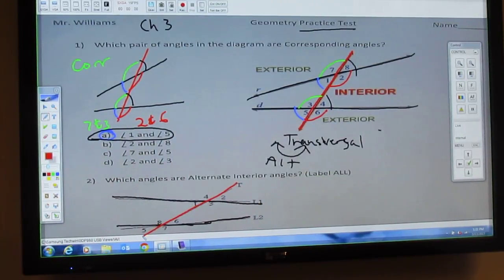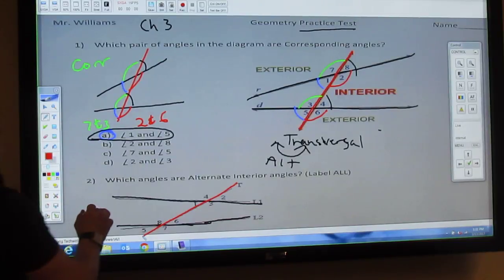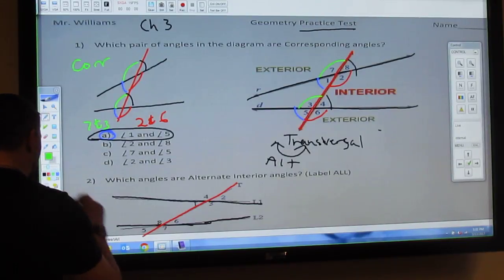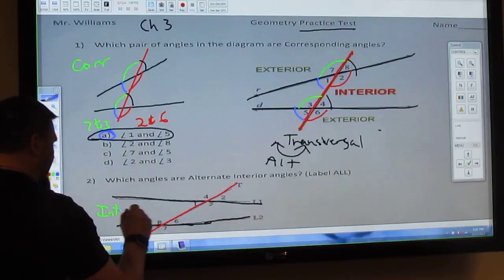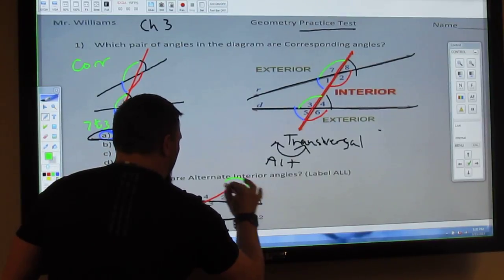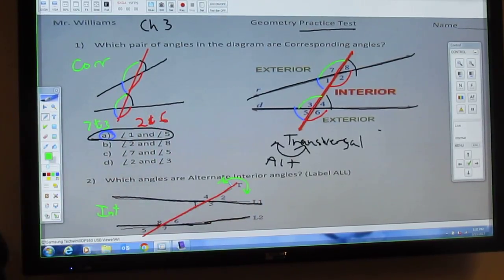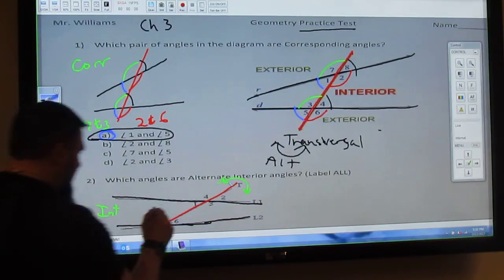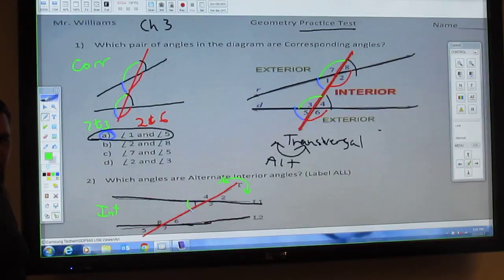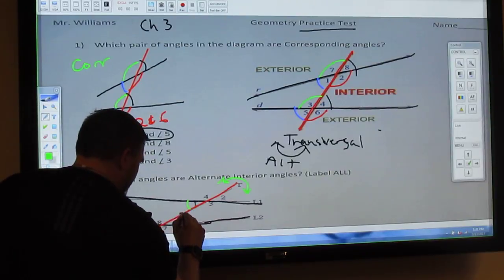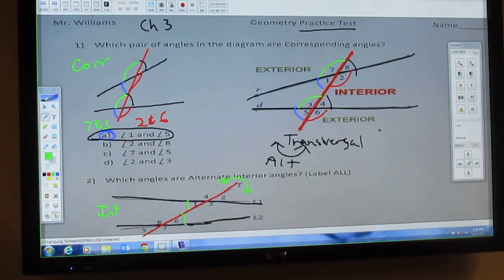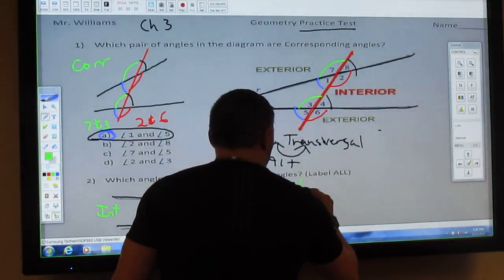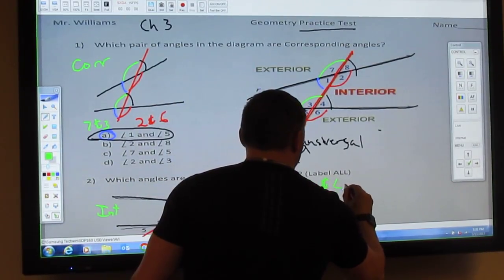And alternate interior means they're inside, that means it's interior, and they alternate, right? Okay? So they're inside, this is inside, right? And it alternates. That alternates, right? So that would be angle 1 and angle 6.